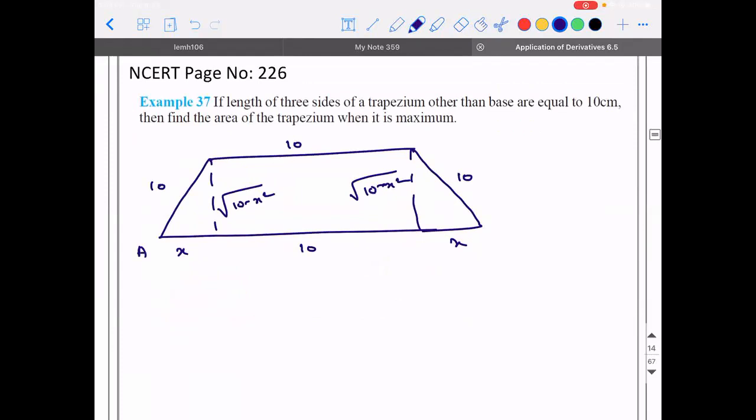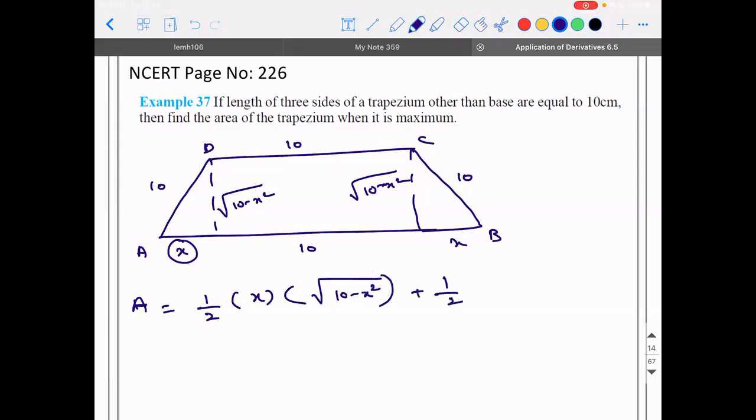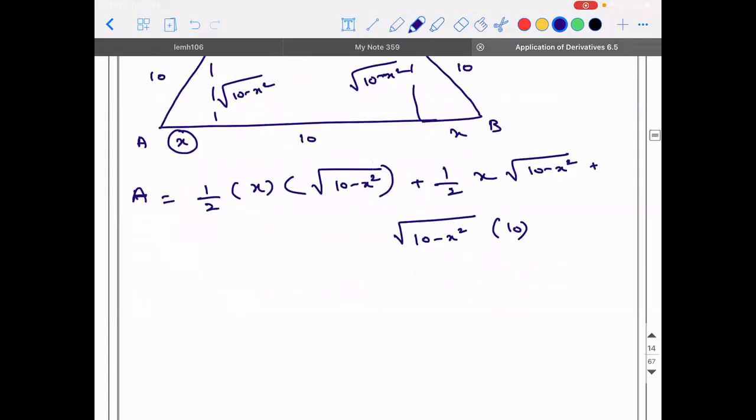So what we can do is, if I take this as ABCD, then the area of trapezium, I can call it as the area of the triangle first, half into base into height plus half into base into height plus root of 10 square minus x square into 10. That is the area of the rectangle.